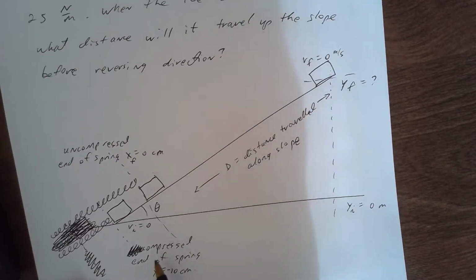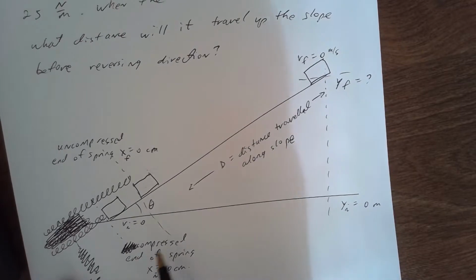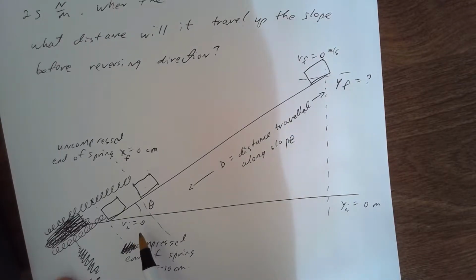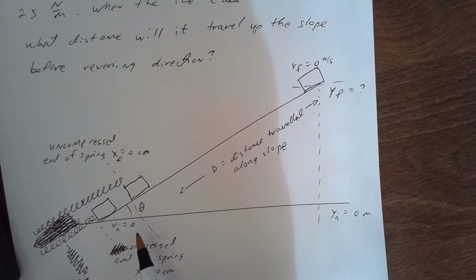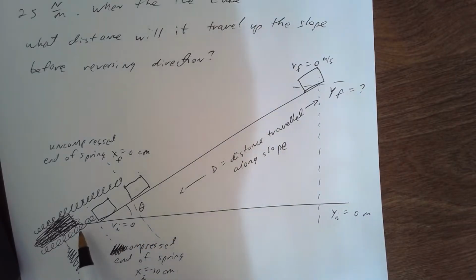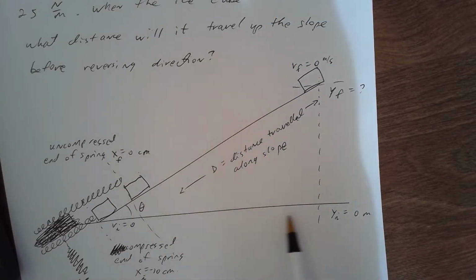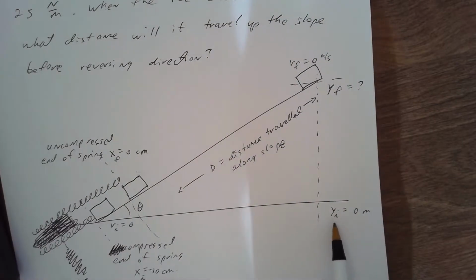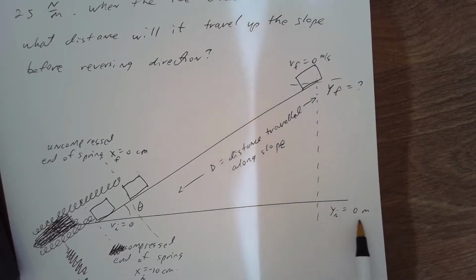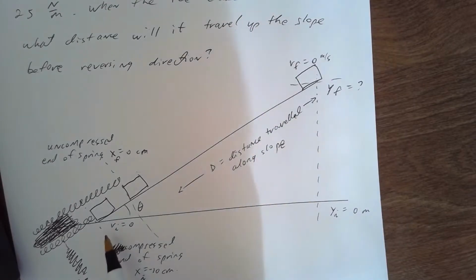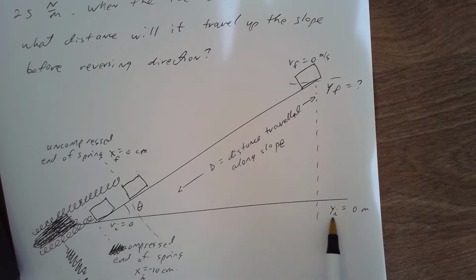Okay, the other stuff I've shown on my diagram, I've got to be careful about thinking about the relationships among the different distances. So the ground at the bottom of that slope, I'm going to define my ground to be 0 vertical position. Y initial will be 0. Y represents my vertical position.